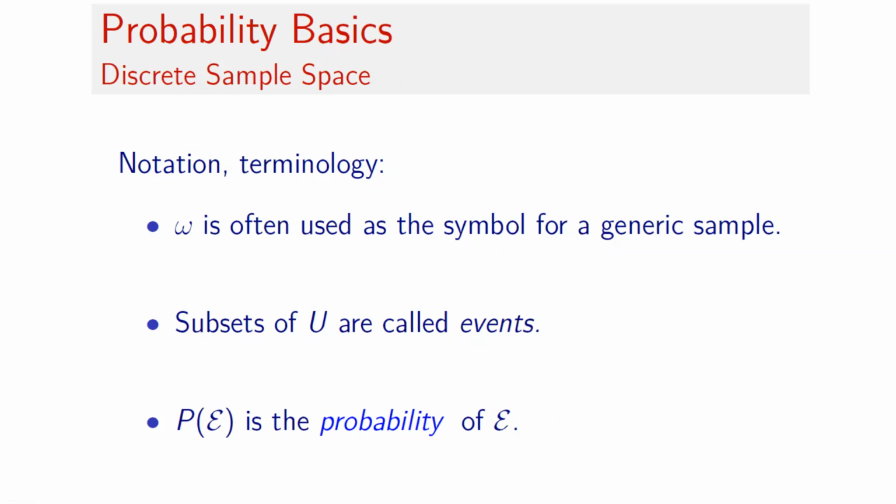We can call epsilon an event, and P of epsilon is the probability of an event. So the subsets of the universe are the events, and omega is often used as a symbol for a generic sample.